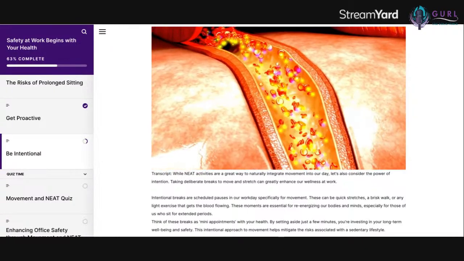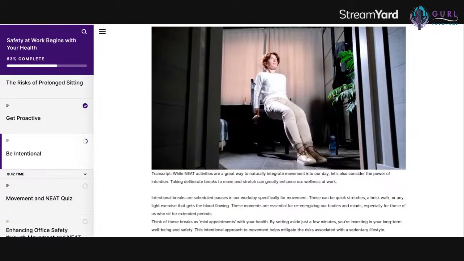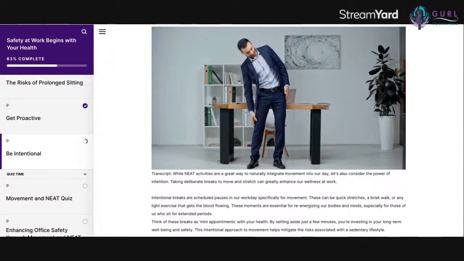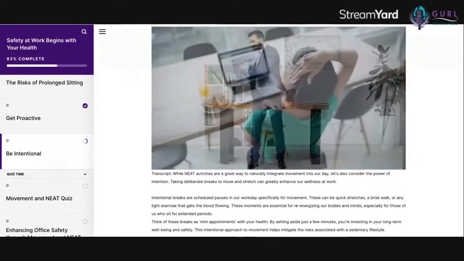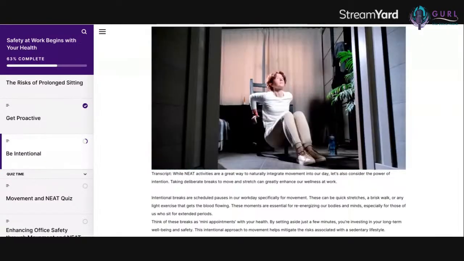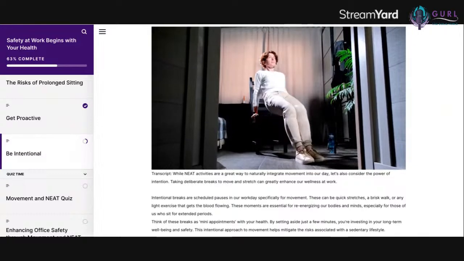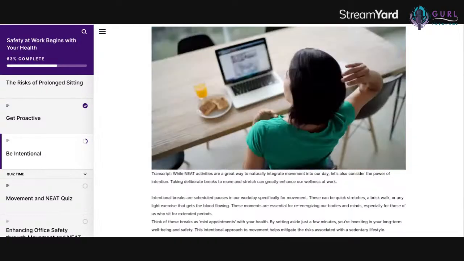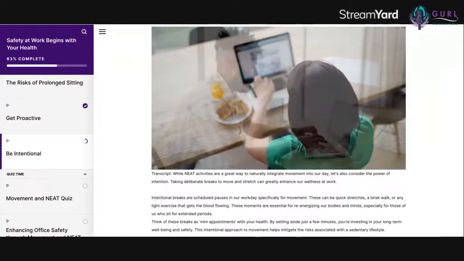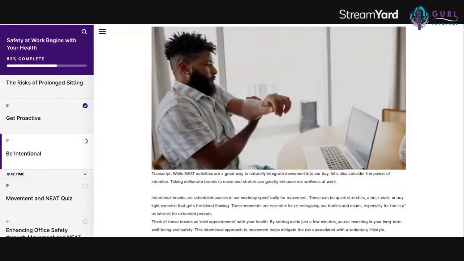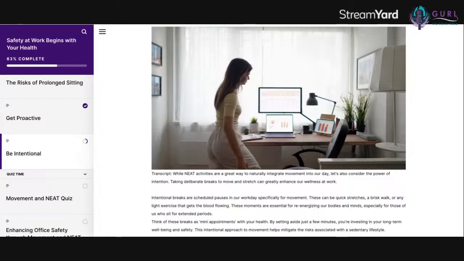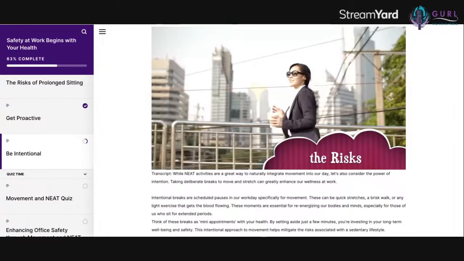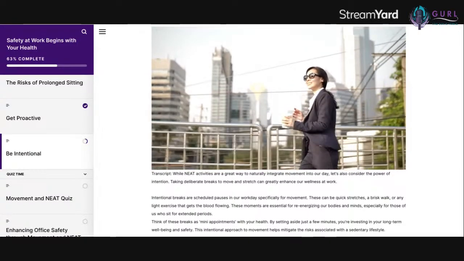These movements are essential for re-energizing our bodies and minds, especially for those of us who sit for extended periods of time. Think of these breaks as mini appointments with your health. By setting aside just a few minutes, you're investing in your long term well being and safety. This intentional approach to movement helps mitigate the risk associated with a sedentary lifestyle.